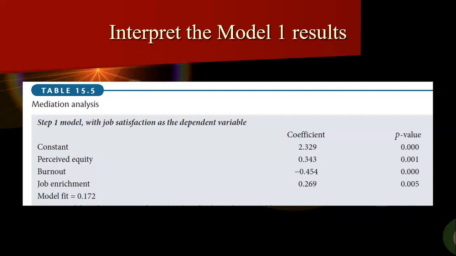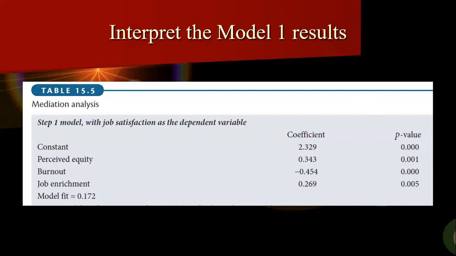For example, generally in research, we take three significance levels. First one is 10%, that is 0.1. If this p-value is less than 0.1, then we say that the effect of perceived equity on job satisfaction is statistically significant at the 10% significance level.